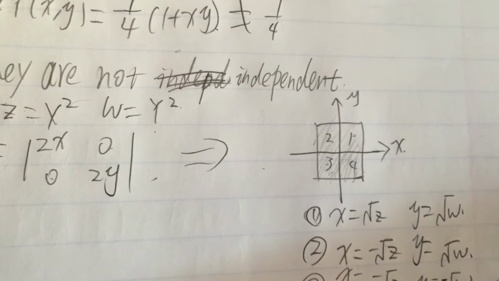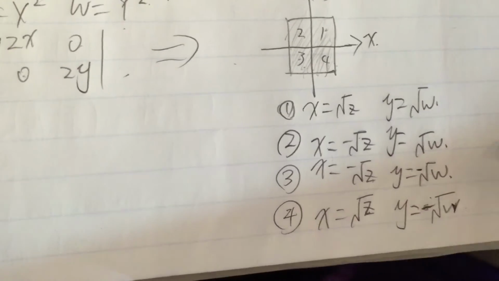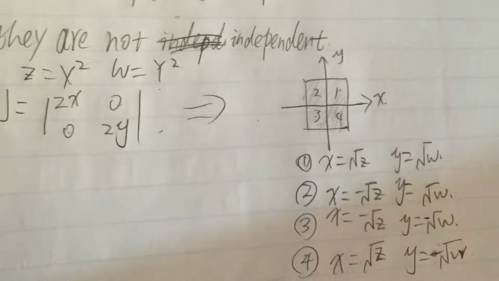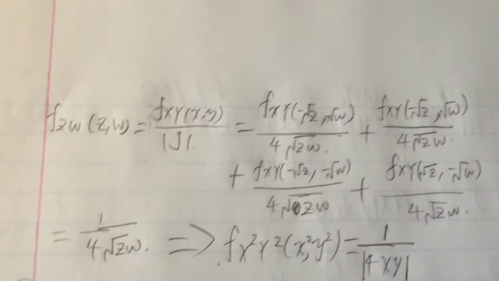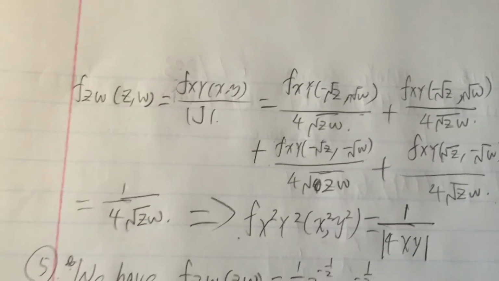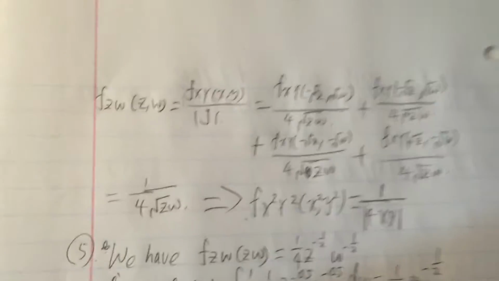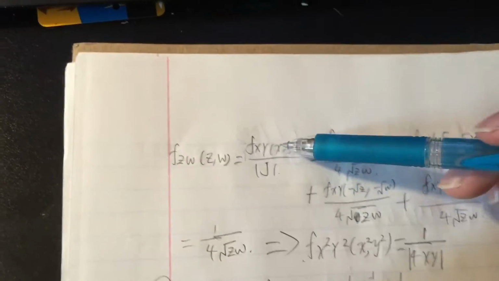Part 4 is x equal to the positive square root of z and y equal to the negative square root of w. And we need to find the density function of z and w.